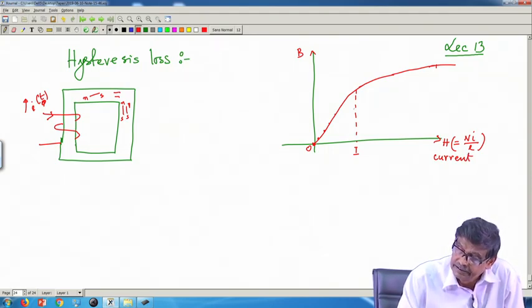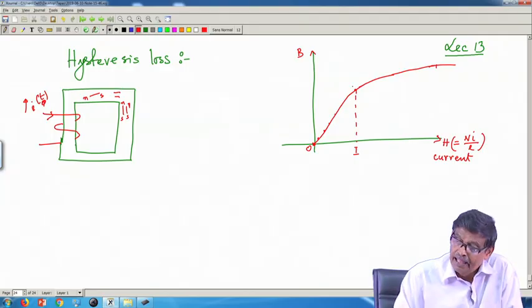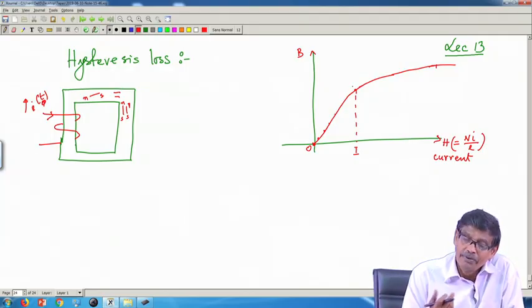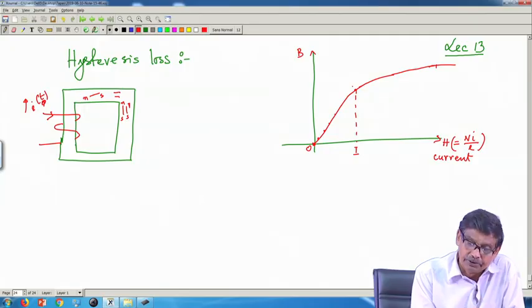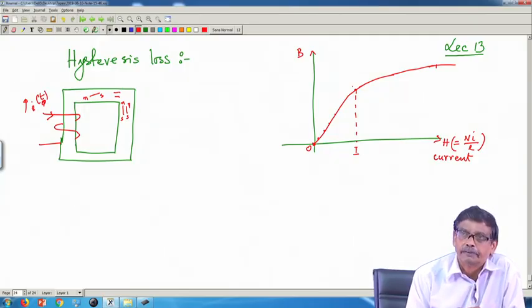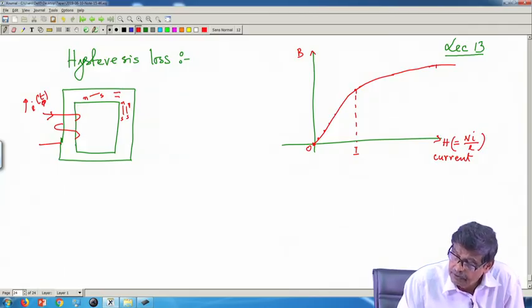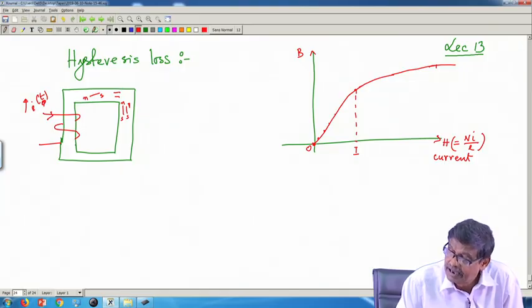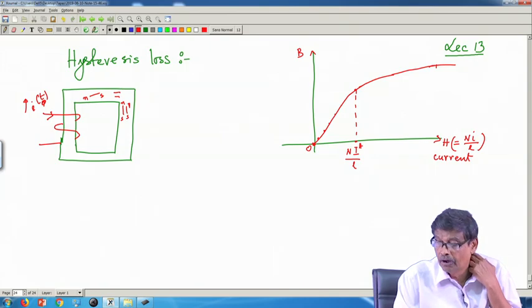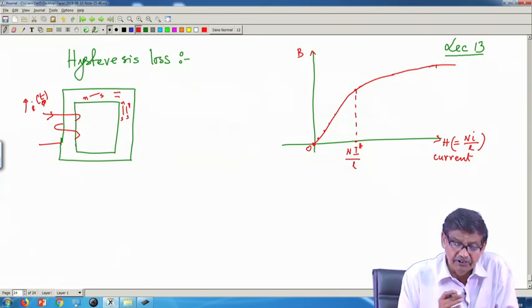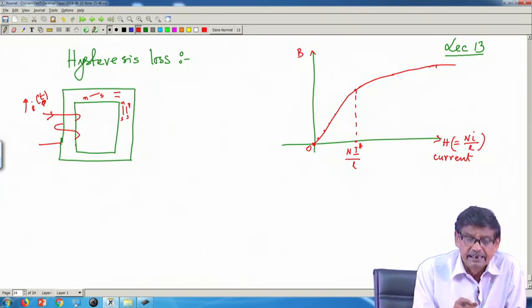Suppose you have increased the value of the current I. As you have increased, how much energy I have supplied to the coil, that I want to study. Since this current you have increased from 0 to capital I, or 0 to some H, which is to be multiplied by N, so N I by L, this H value, I want to know how much energy I have supplied. First of all, have I supplied any energy to it?